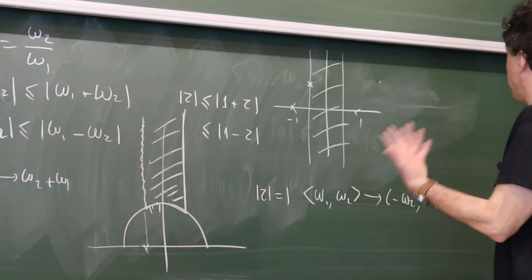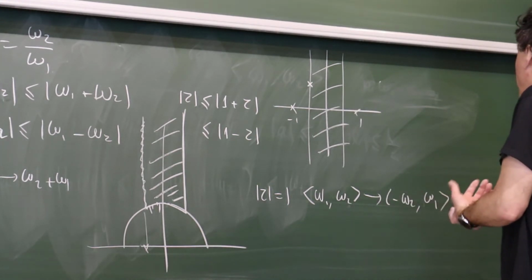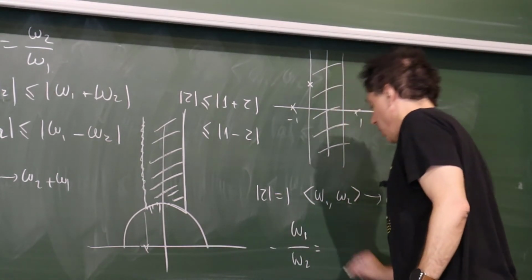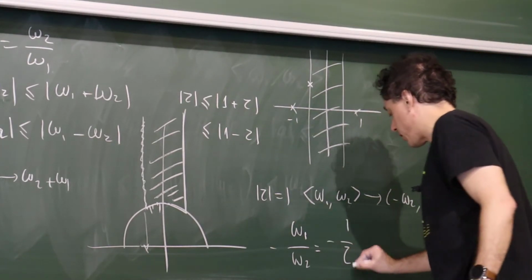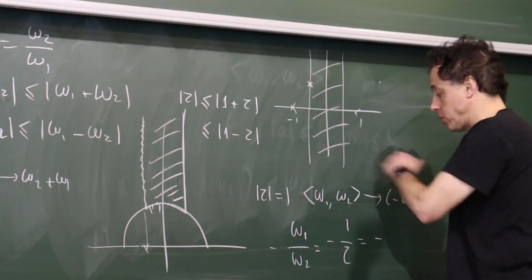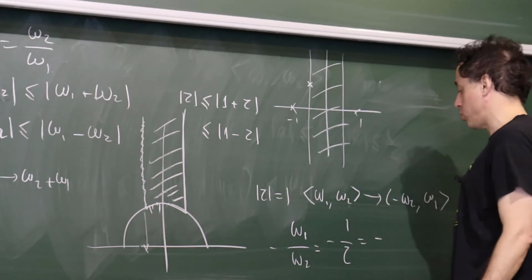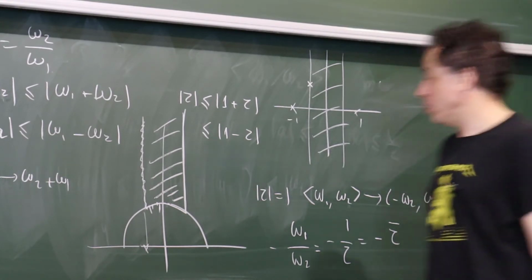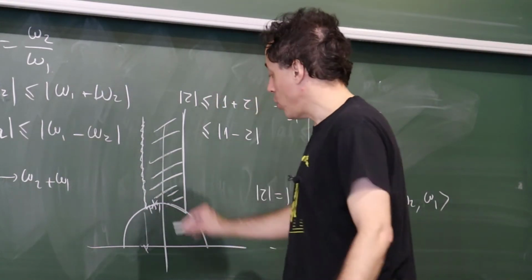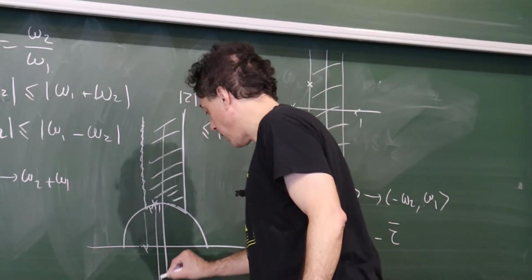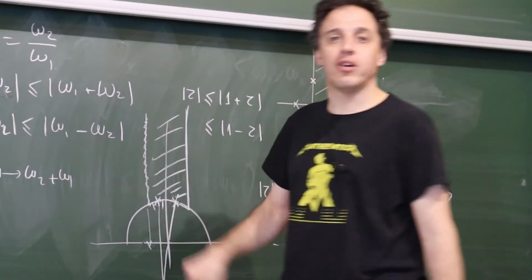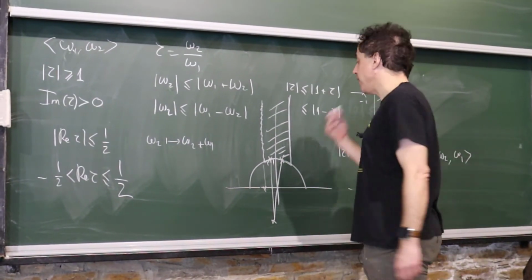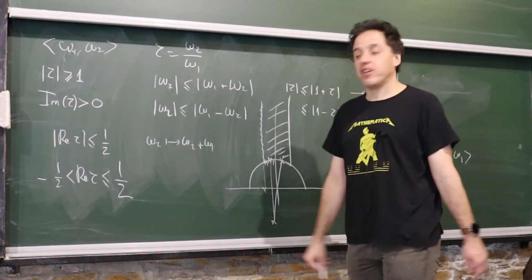Are we winning something with that? We take this quotient now. This quotient would be minus 1 over tau. As tau has modulus equal to 1, this is minus the conjugate of tau. So if we take a point here, we will have its conjugate here and its opposite here. We are at this point. So we can assume that tau is not here.